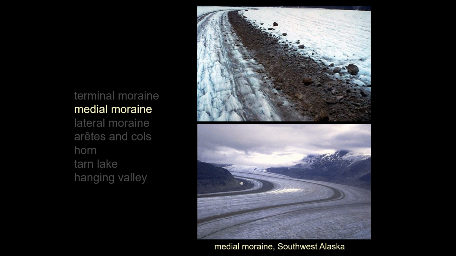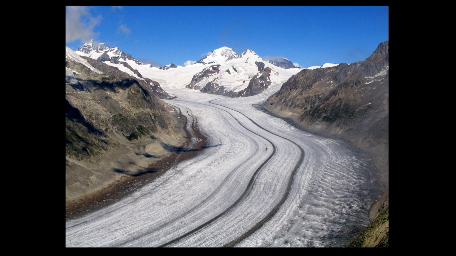So if you count the number of medial moraines and you get to a big number, you can imagine how many smaller glaciers contributed to this main valley glacier. And here's another example. You can count the really big ones, and there are even smaller ones that are a little harder to see.